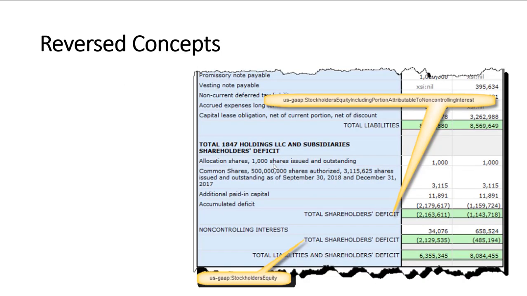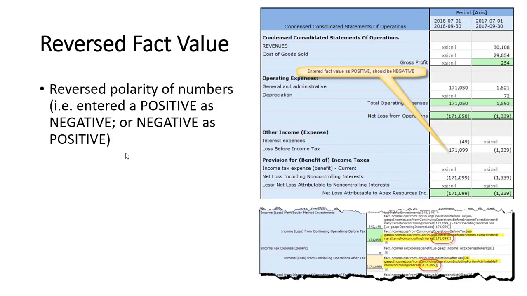So what kind of errors? Here's what they're doing. What's happening here is that this filer has reversed these concepts. So the consistency cross-check finds that. They should have used this concept on that line item and this concept on that line item. These guys reversed the fact values. They used a positive number when they should have used a negative number.